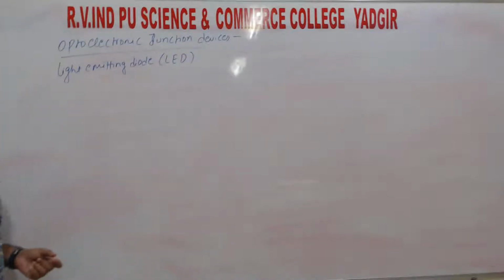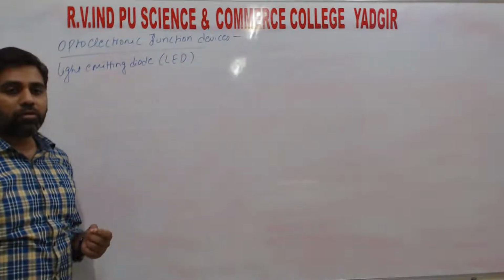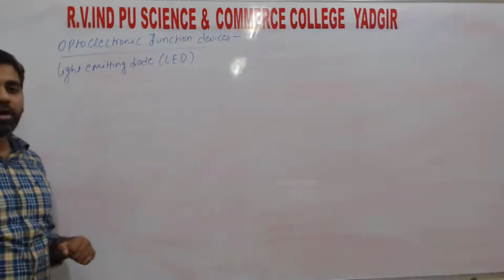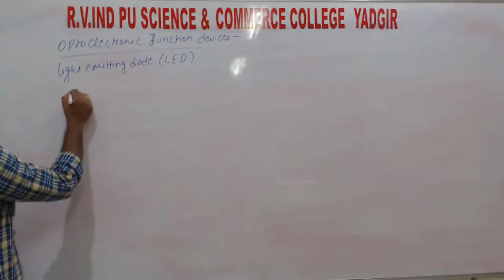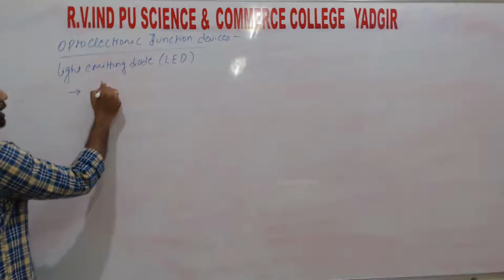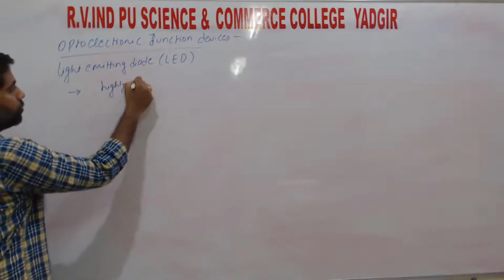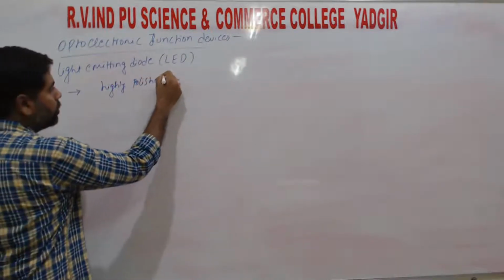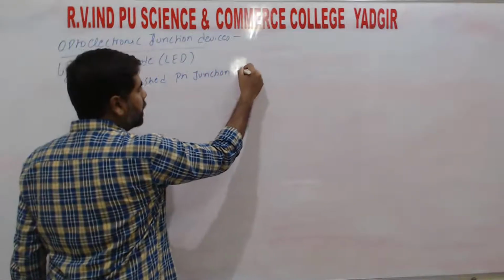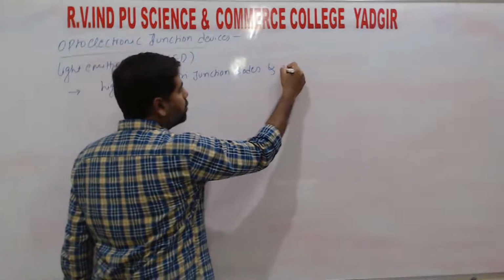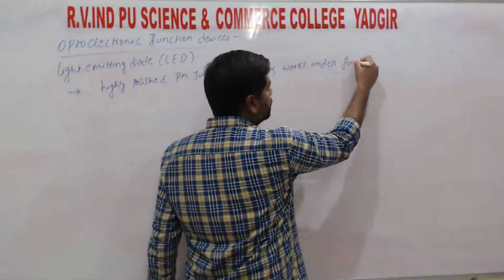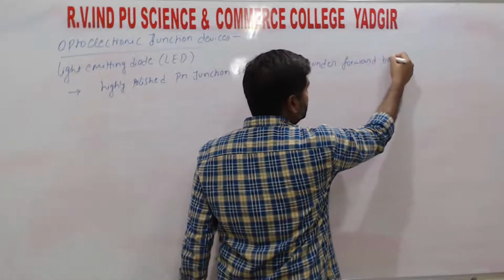These are PN junction diodes, highly polished PN junction diodes, and they work under forward bias. So light emitting diodes are highly polished PN junction diodes and work under forward biased condition.